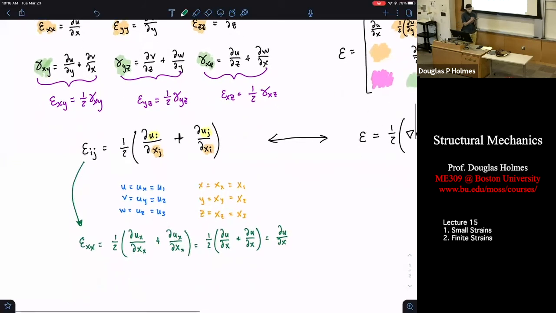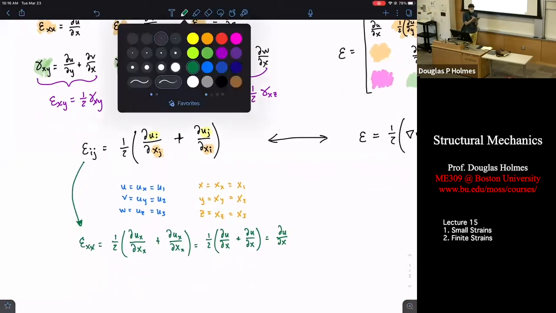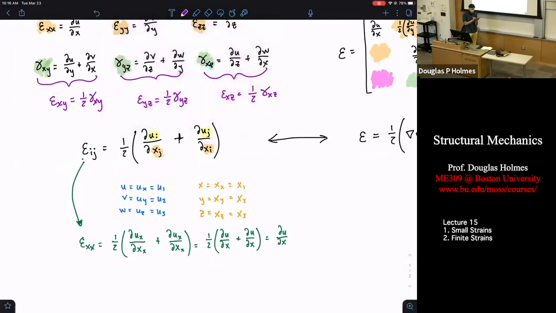Let's do it for another one. Let's do one of the weird ones that we haven't done yet. Let's do yz. So it's going to be 1/2 the partial derivative of u. Now the i is replaced with the letter y, so that's u sub y. And the j is replaced with the letter z, so we're going to be dx z plus du z dx y.